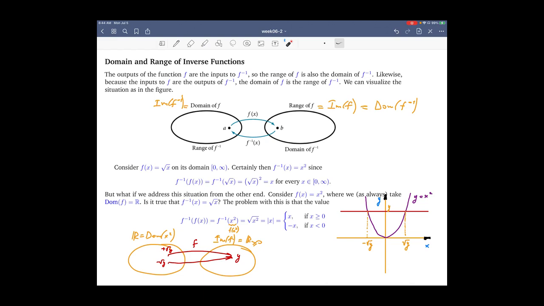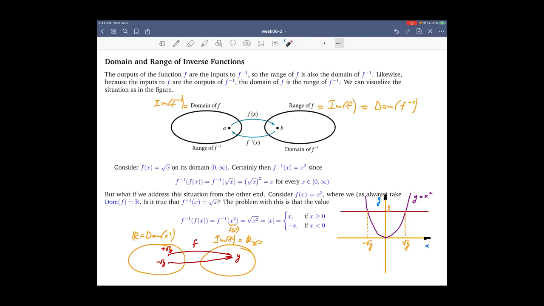So we come to a very important idea here. How do we go about the problem of x squared not having an inverse? The idea is very generic, and we will use that idea later on when we define the inverses of trigonometric functions.